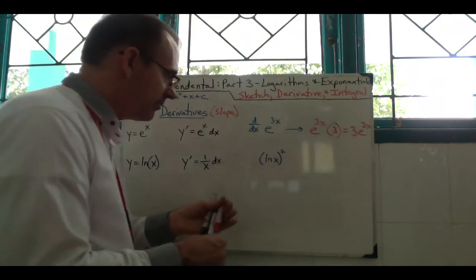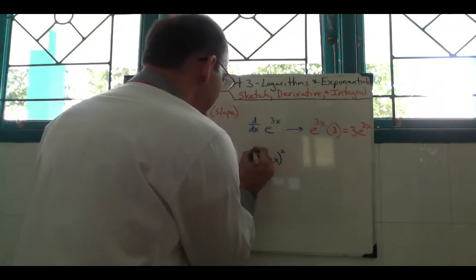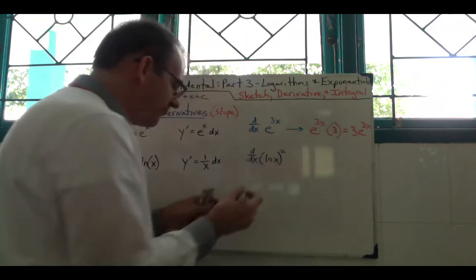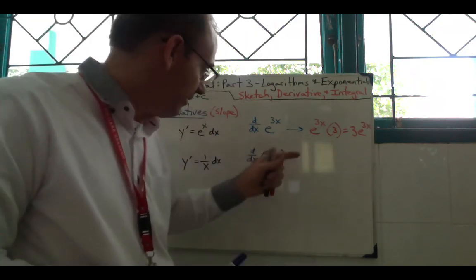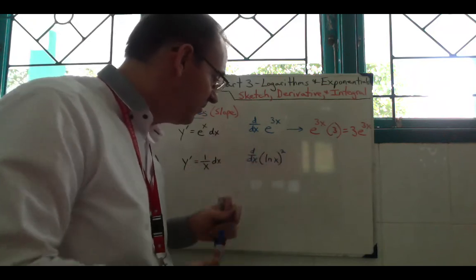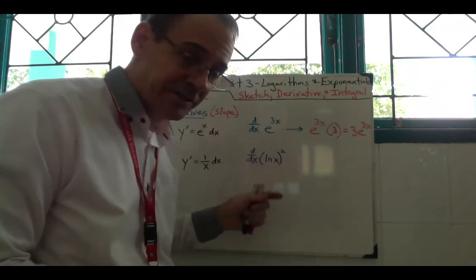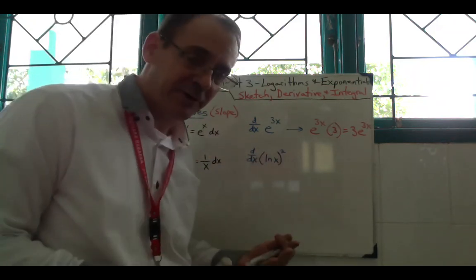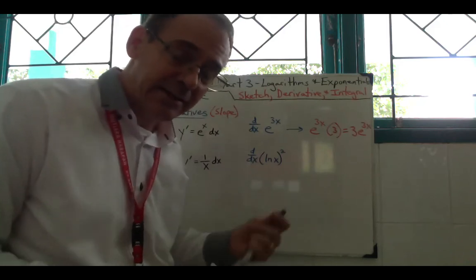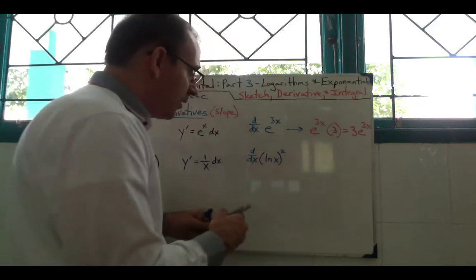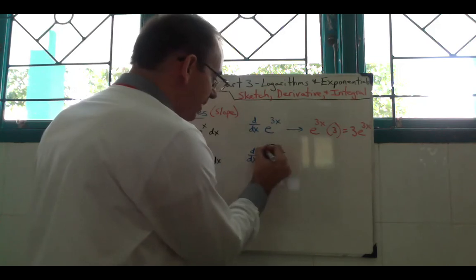Now on the logarithm here, if we do d dx here, we have an exponent. So when we have an exponent and inside we have our function, we do the exponent first. Our exponent follows kind of like what we did in algebra. We multiply it to the front.